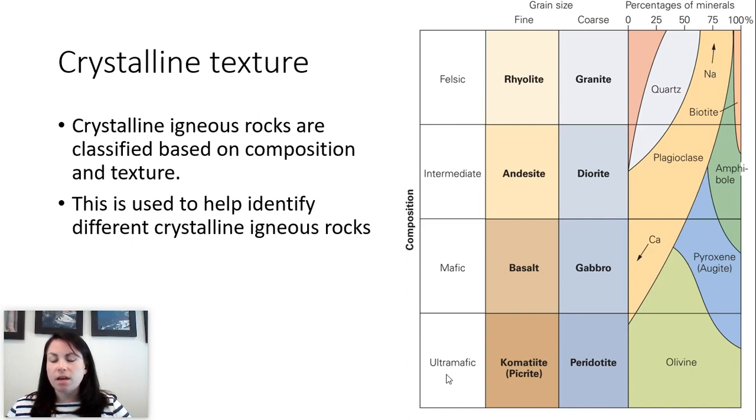Rocks that are ultramafic are very dark in color, and that's because they contain mostly olivine. When we say mafic, it has quite a bit of olivine, but also pyroxene and just a little bit of plagioclase. So all of these different words that we use are related to the composition of the rock.